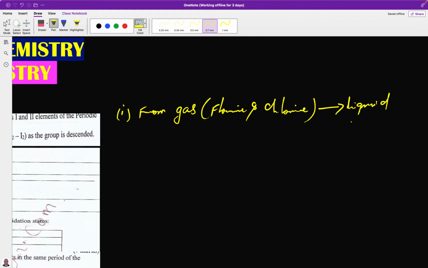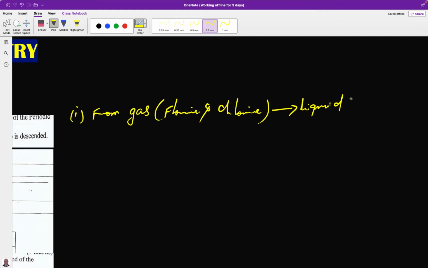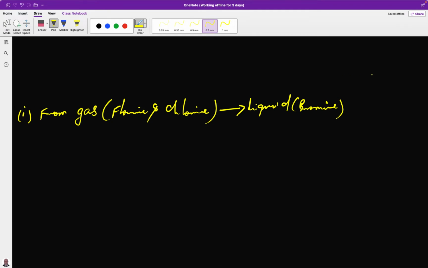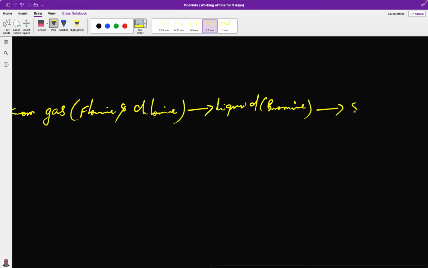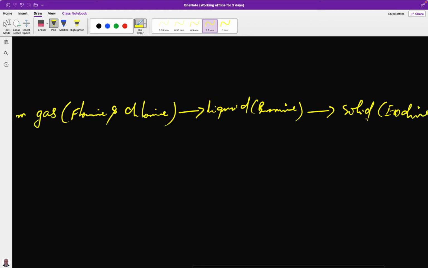In that liquid, we are talking of bromine. Then to solid, and the solid is iodine.